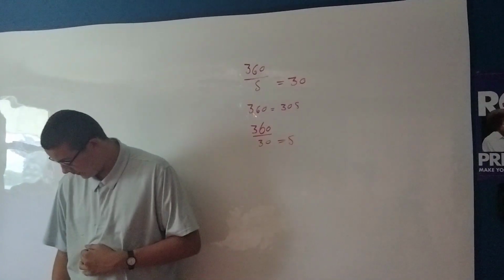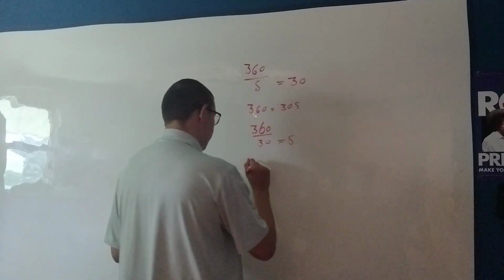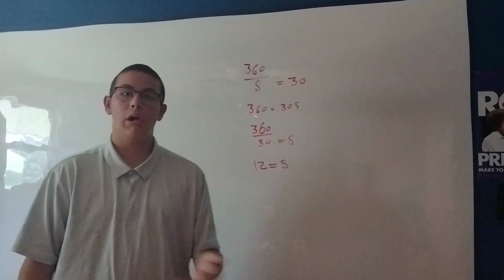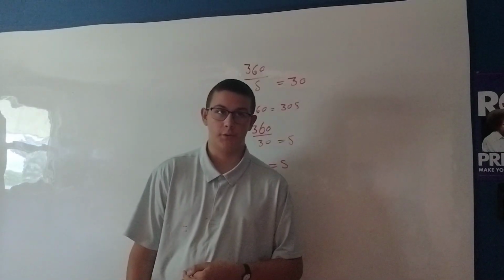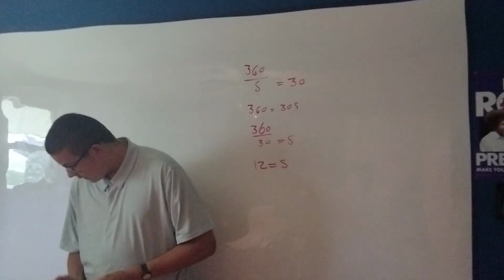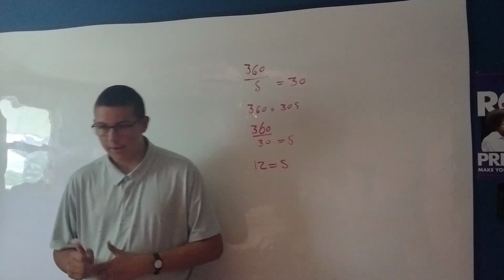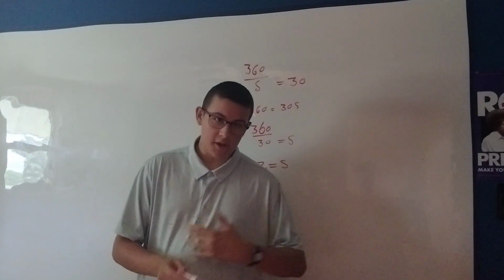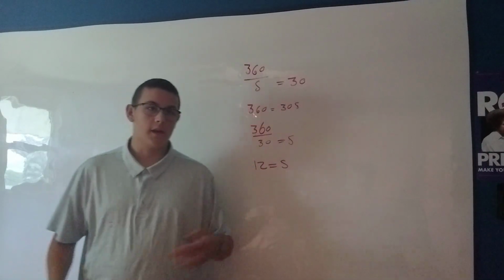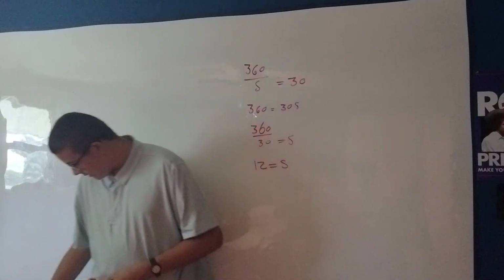And 360 over 30 is 12. So it would be a 12-sided shape, a dodecagon, I believe that would be called, has an exterior angle of 30 degrees. And to check, 30 times 12, just do this in reverse, and you get 360.